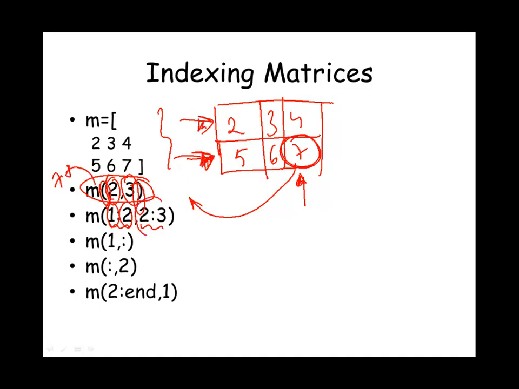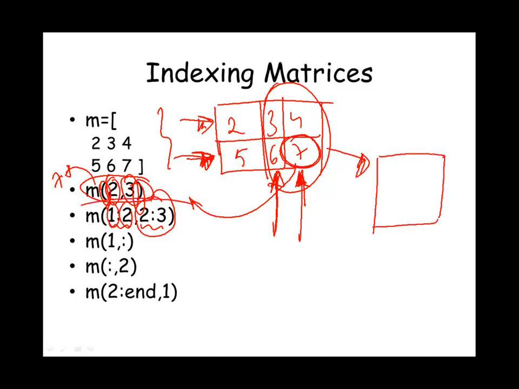And we are only extracting the second column and the third column. So that will give us this portion of the matrix, which itself will be another matrix. So by using this expression, we are extracting a 2 by 2 matrix out of M, and that will contain 3, 4, 6, 7.